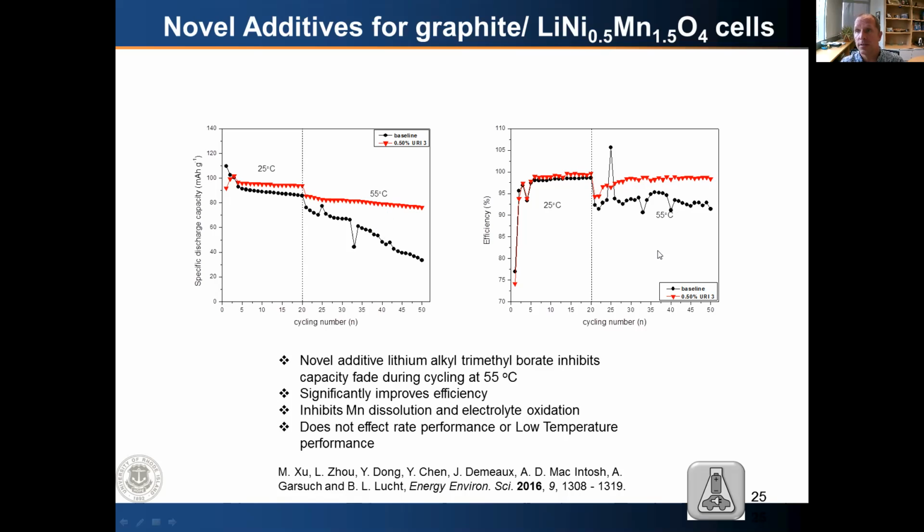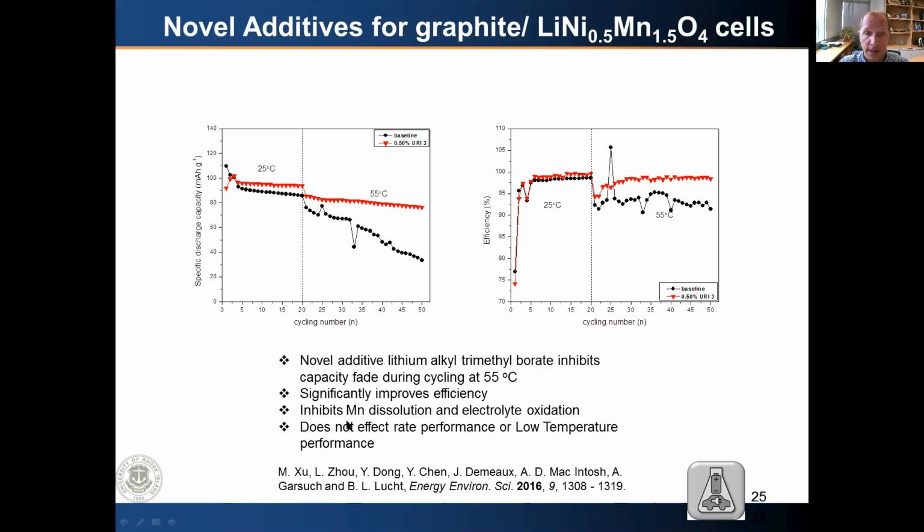What this suggests is that not only are we slowing the decomposition reactions that lead to capacity fade, we're also inhibiting the decomposition reactions that lead to poor efficiency. And so this is really critical in terms of developing a viable electrolyte formulation for this system.